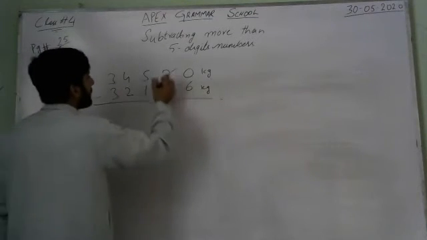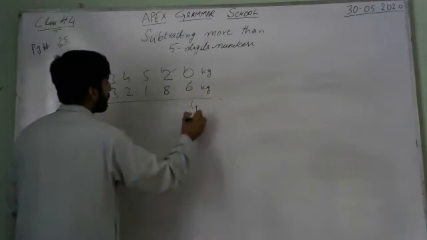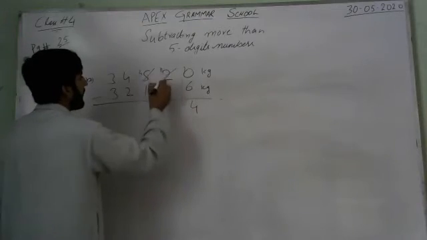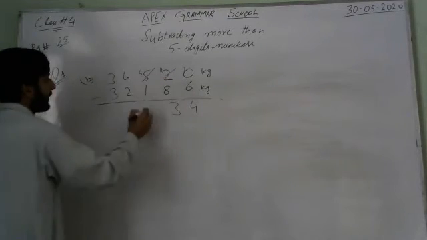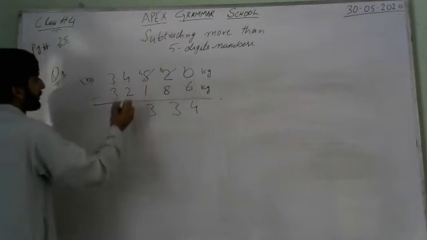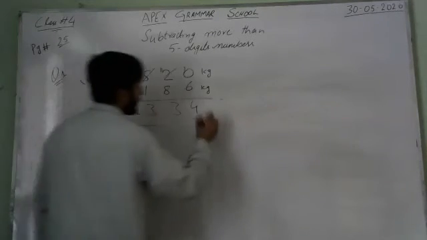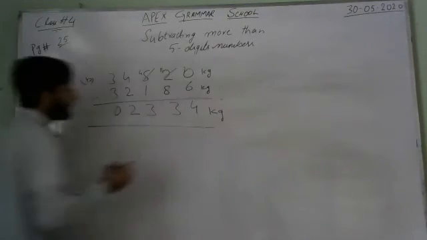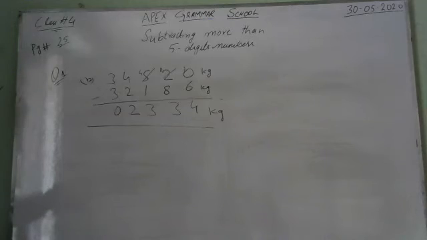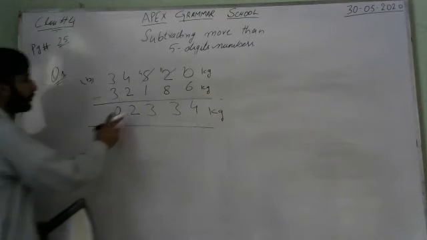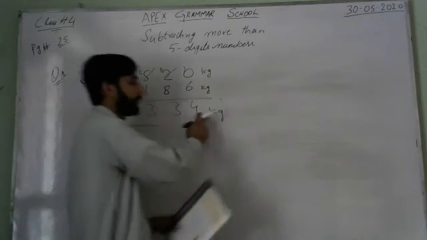Subtracting: 10 minus 6, 4; 11 minus 8, 3; 4 minus 1, 3; 4 minus 2, 2; and 3 minus 3 is 0 kg. The difference between production of 2008 and 2007 is 2334 kg.